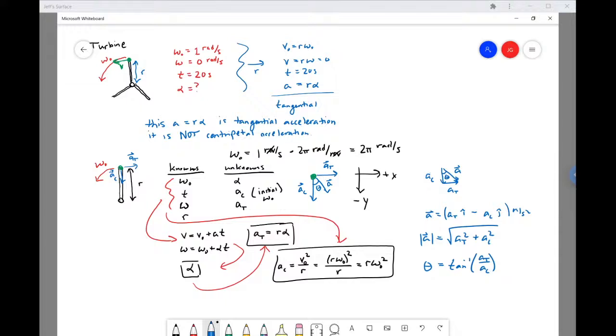Now, just to summarize what's going on here: because the turbine is rotating and it's slowing down, it has a rotational acceleration, an angular acceleration, an alpha, that's not zero.